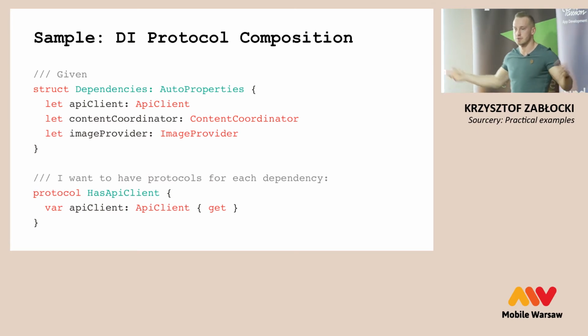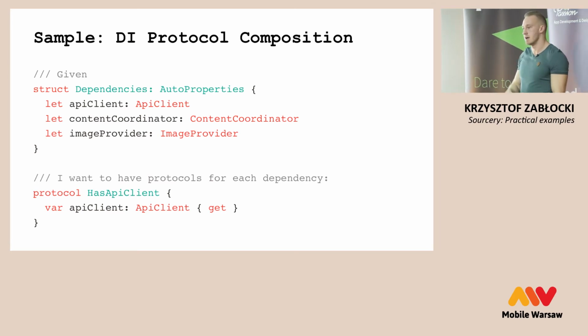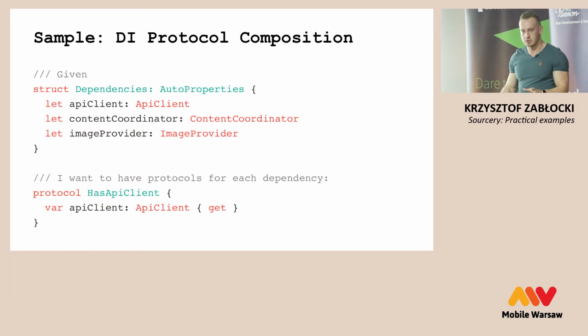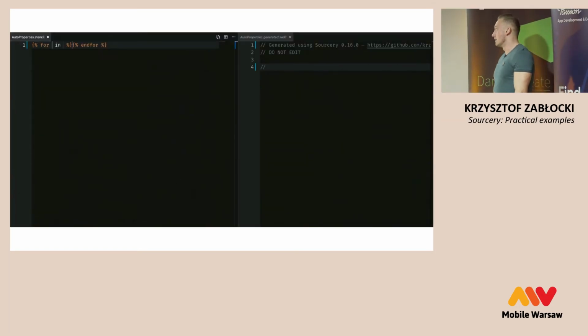It's just a markup for the templates to pick it up, right? In my template, I'll do types implementing auto properties. Then for each type that implements that, I want to create a has protocol for each of the variables that the type contains. And I want to conform that type to those protocols as well. That is the logic for the boilerplate generation. And this is basically how you do it. So I iterate over all types that implement the auto properties.